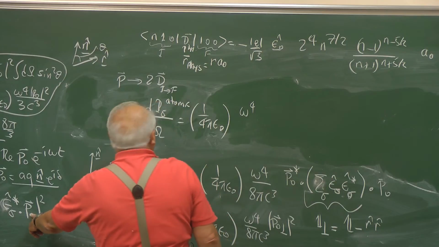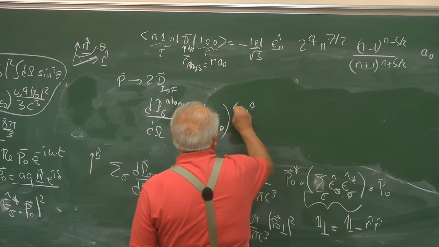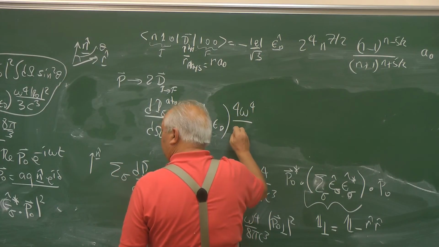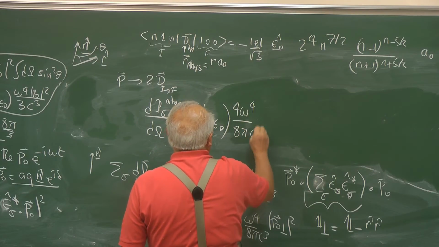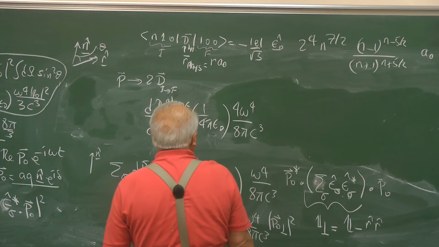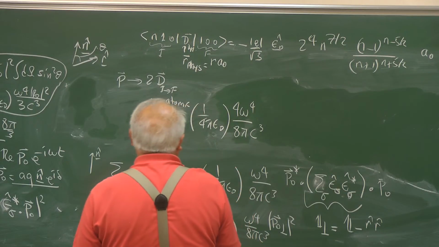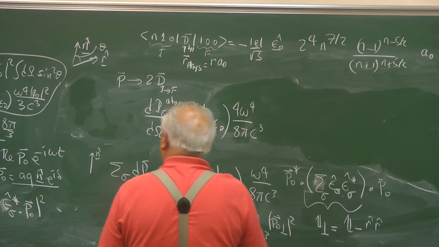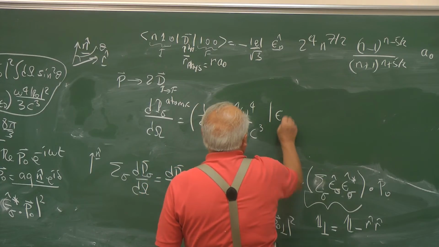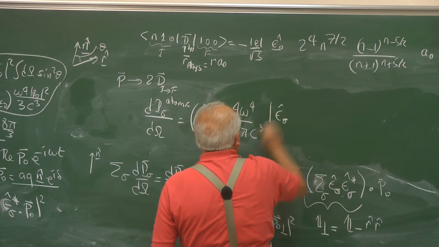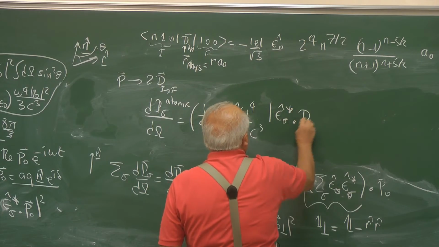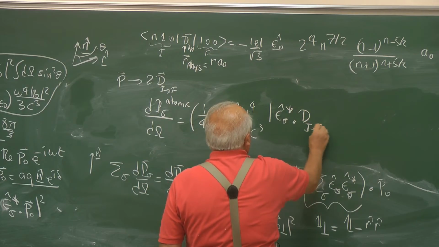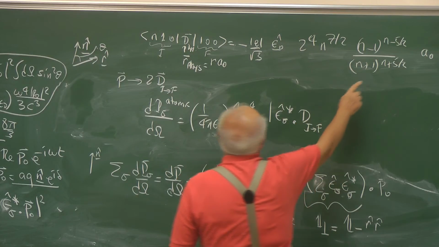Replace P0 by 2D, so it is 4 over 8 pi c cubed times epsilon sigma dot D I to F. Of course, I'm using physical with A0.